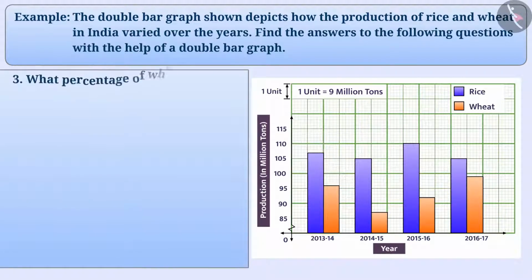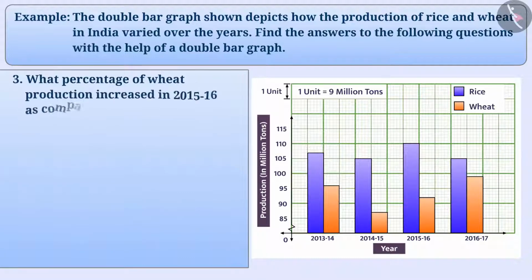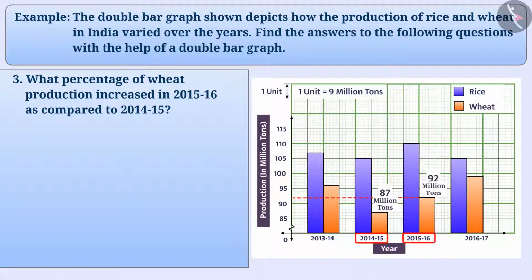What percentage of wheat production increased in 2015-2016 as compared to 2014-2015? We see that wheat production is 87 million tons in 2014-2015 and 92 million tons in 2015-2016.